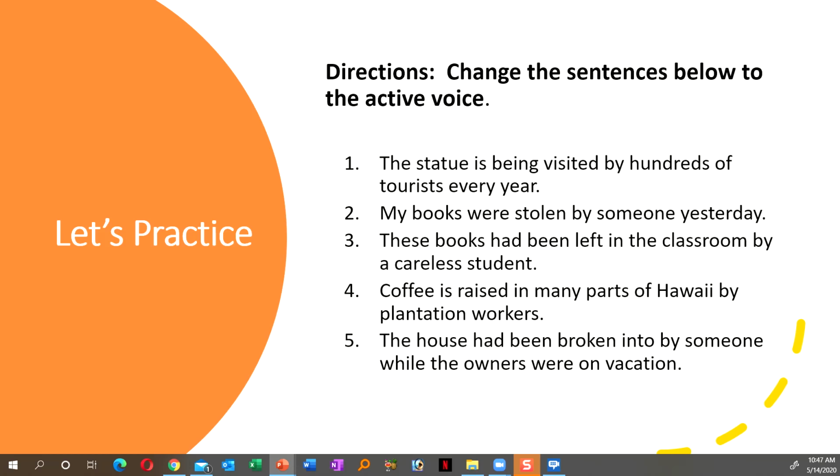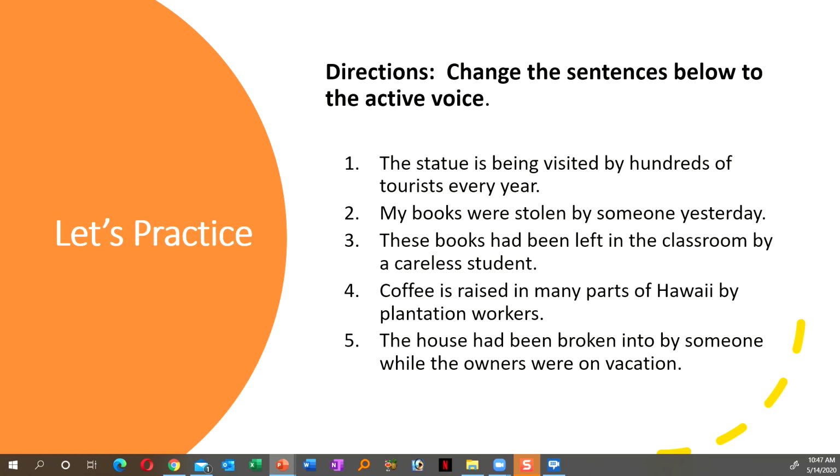It's in the front of the sentence. Okay, so you could move this around or you can take it out, right? In many cases, the sentence will still be clear. Okay, so, yeah. Well, someone had broken into the house.